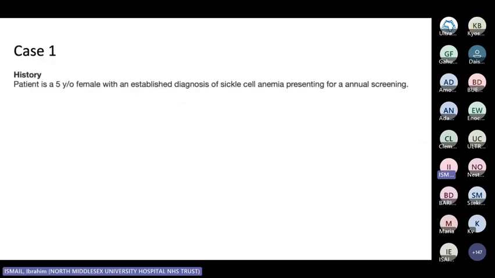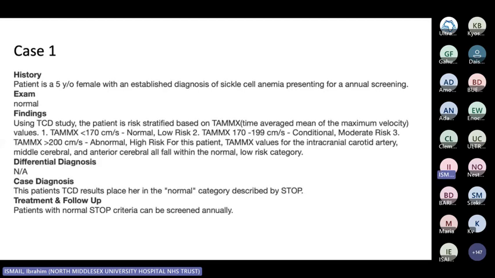So this was the case. The exam was considered normal. Under the STOP trials, it was below 170. This patient's TCD results placed her in the normal category described as STOP. Treatment and follow-up: a patient with normal STOP criteria can be screened annually.